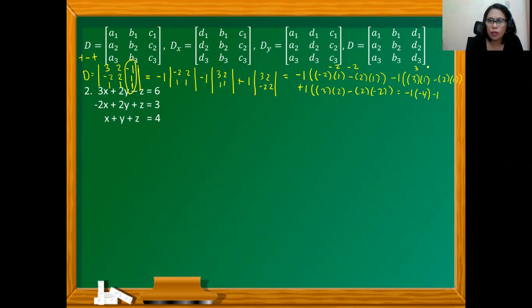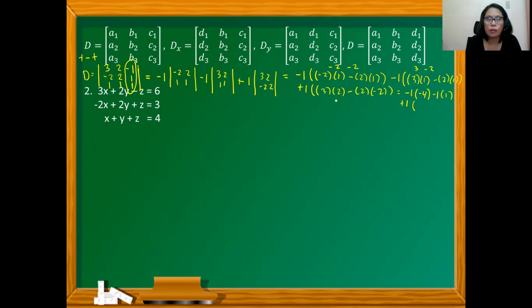So this is 3 minus 2. So this is times 1, plus 1 times, this is 3 times 2.